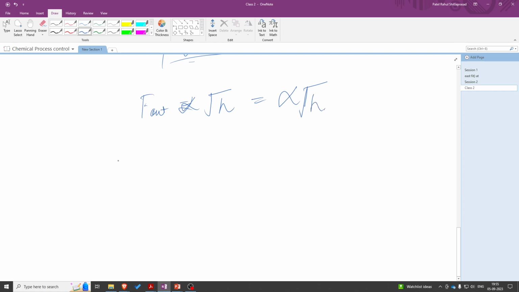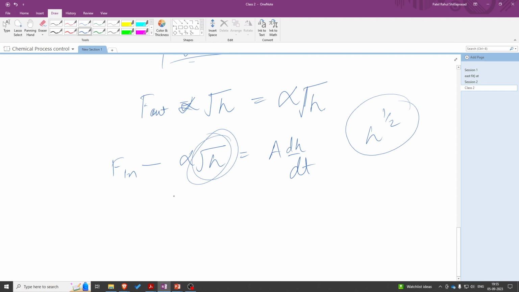In such a case, our process model will become F input minus alpha root h upon area times dh upon dt. So over here, now we have a non-linear term, that is h raised to 1 by 2.